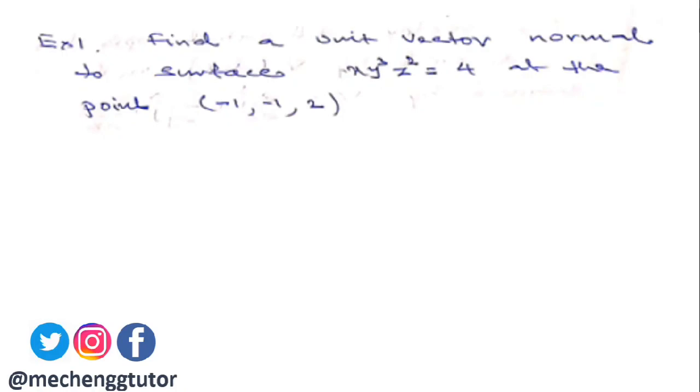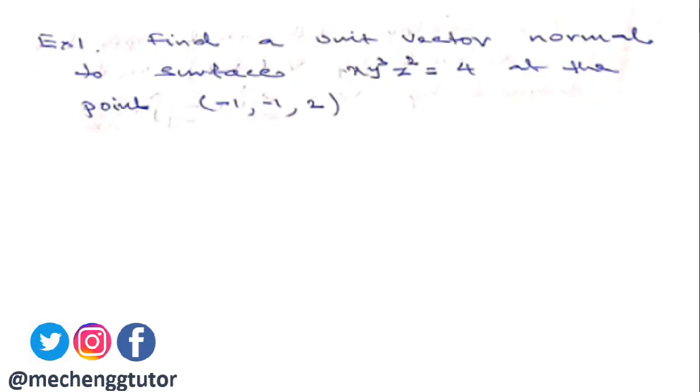Please remember the steps to be followed in calculating directional derivative. You will be given a surface, which means an equation in x, y, z. Then a particular direction will be given, which means a vector will be given. First step, you have to write the formula for del f or del phi.